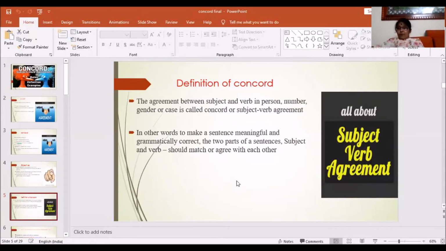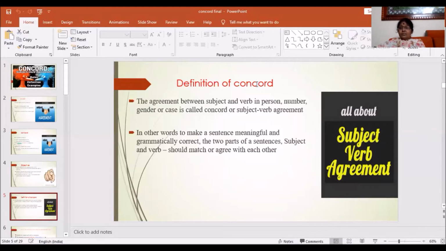If we have to define CONCORD, generally, the agreement between subject and verb in person, number, gender, or case is called CONCORD or subject-verb agreement. Right? So what is CONCORD? It is the agreement between subject and verb in person, number, gender, or case.